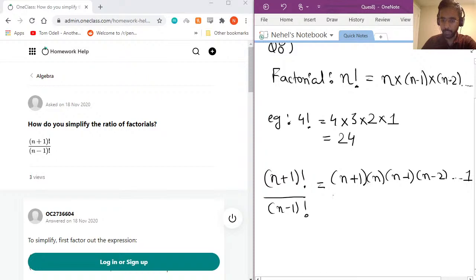Okay, and on the denominator, let's not simplify it, let's just keep it as n minus 1 factorial.